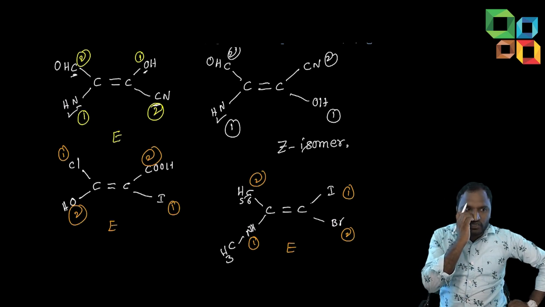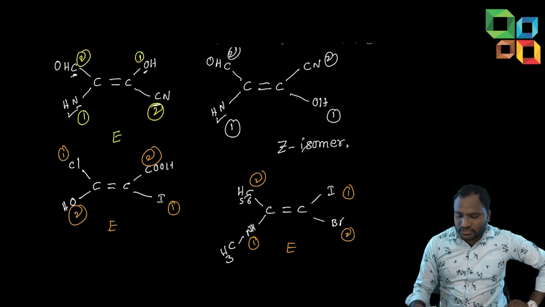So this is about E-Z isomerism, students. Geometrical isomerism is over. Now I'm going to teach optical isomerism. Students will find this area difficult, but I'll try to make it very clear.